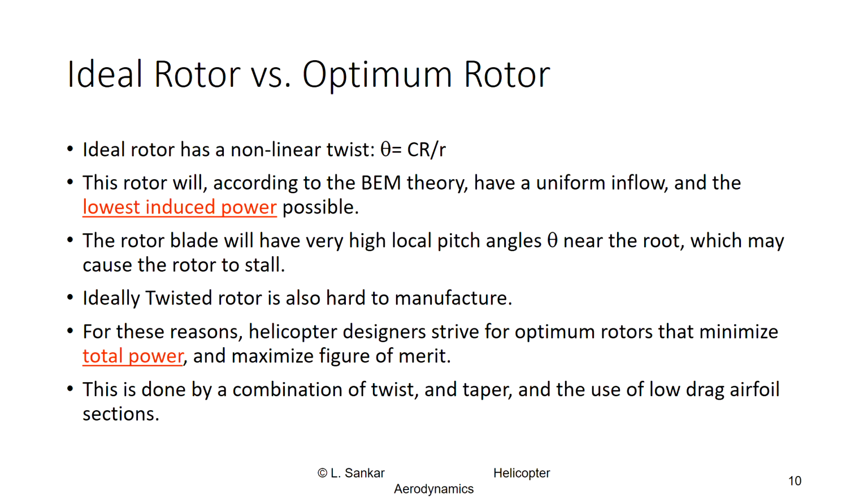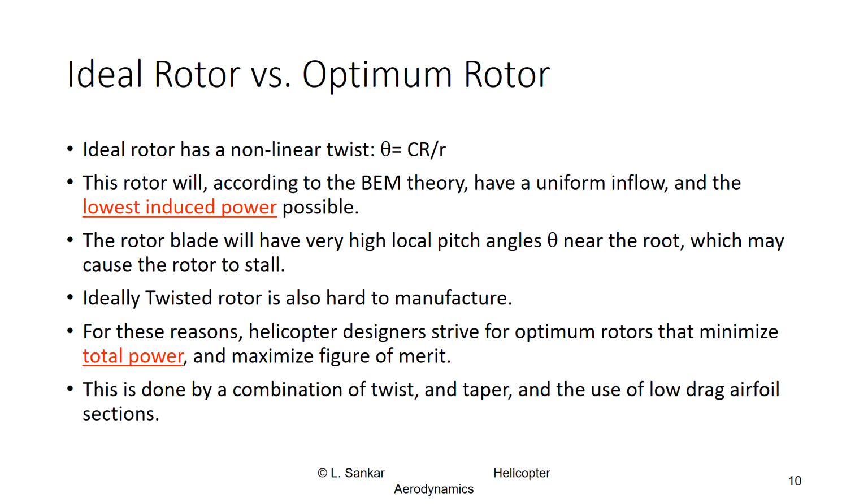So helicopter designers strive for what they call optimum rotors, which minimize the combined total power, which means it minimizes the induced power plus profile power. So they not only change the twist, but they also change the chord by changing the taper.